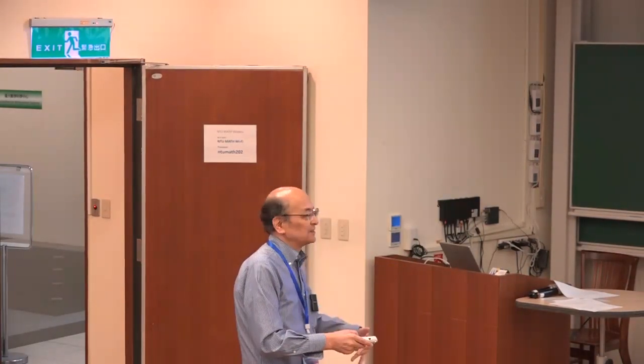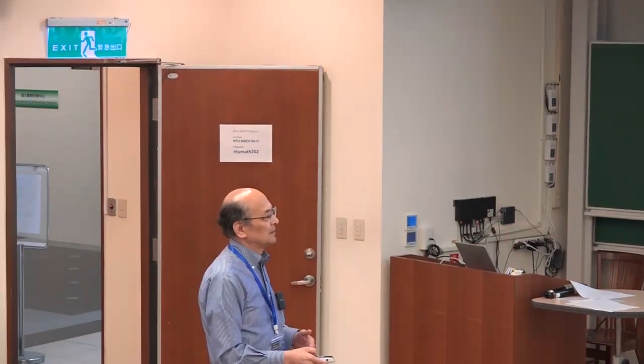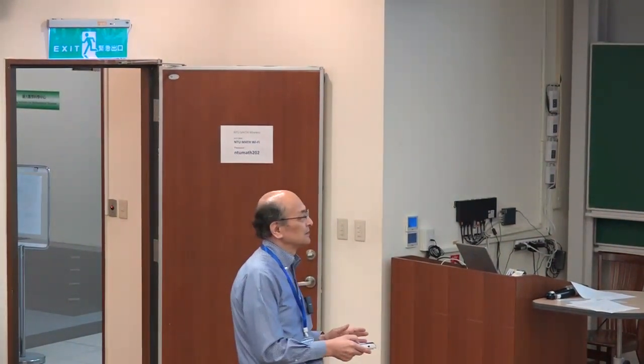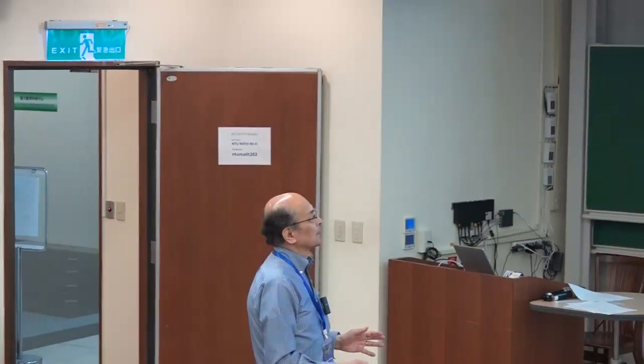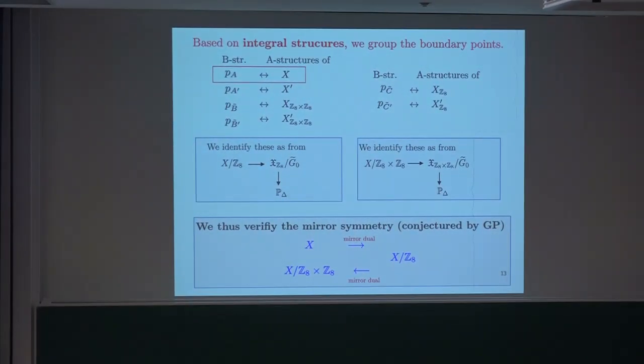And then after constructing mirror symmetry and the mirror family suitably, you can find the corresponding boundary point in the moduli space. That's the global picture. It's the output from the study of this special case.